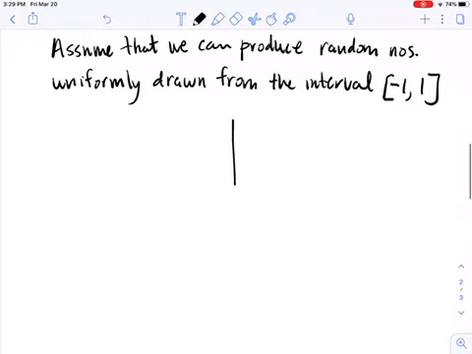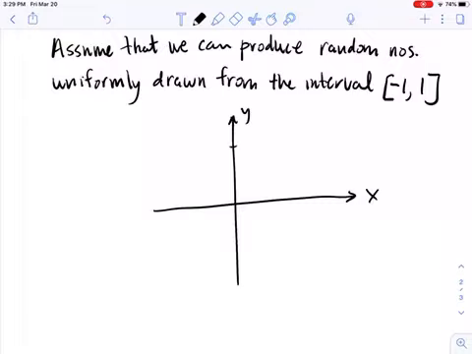Okay, and so what we're going to do is have x, y, and this is going to be +1 over here. Over here we're going to have -1, +1, and -1. Okay, and so that's our square, and that's our square bucket that we had in the rain.